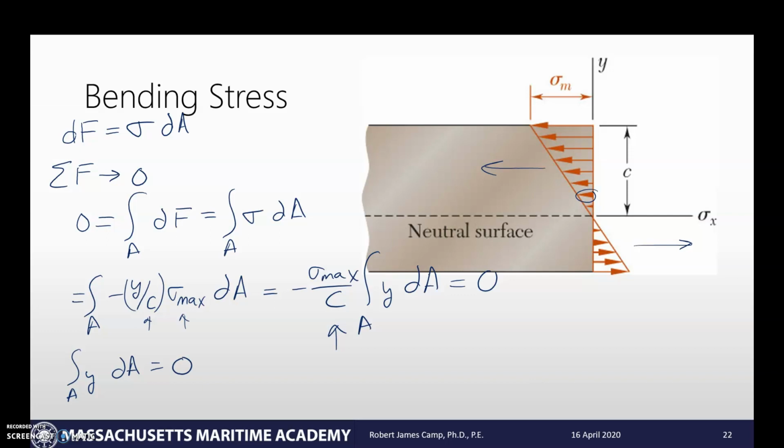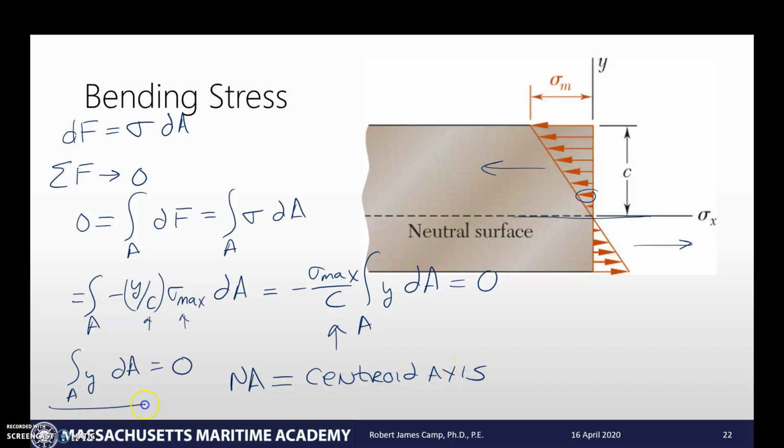Well, this is the first moment of the cross-sectional area about the neutral axis. Since that must be 0, that can only happen in one situation, and that tells us that our neutral axis, which I'm going to abbreviate NA, has to be exactly the same as our centroid axis.